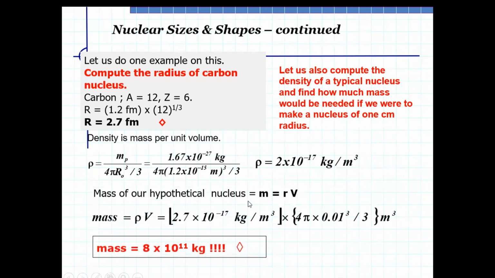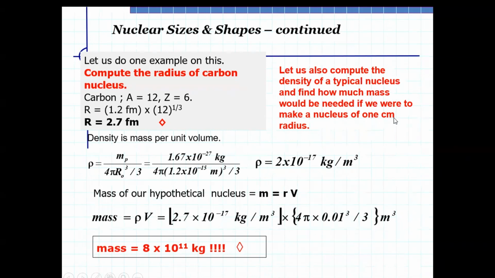Now, the hypothetical nucleus which we would like to have will have the mass equal to the density multiplied by the volume. The density is given, 2.7 into 10 to the power 17, and the volume is 4 pi into 0.01 cubed divided by 3.